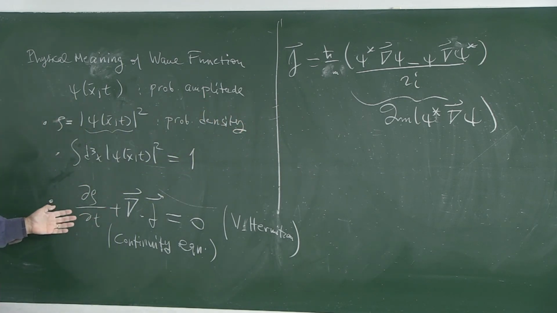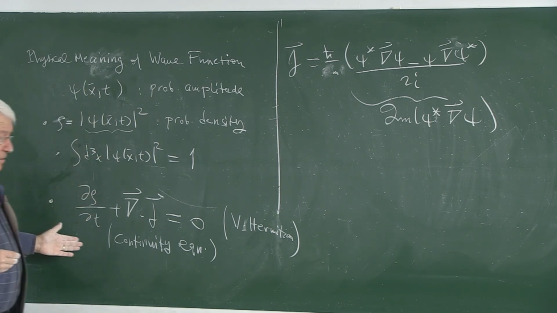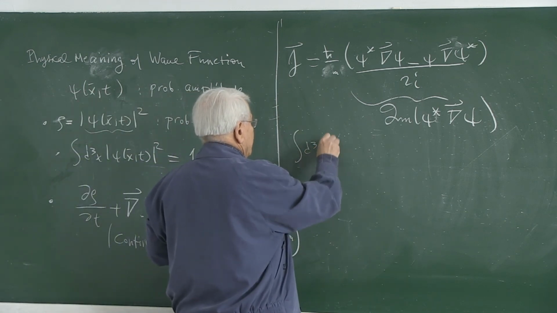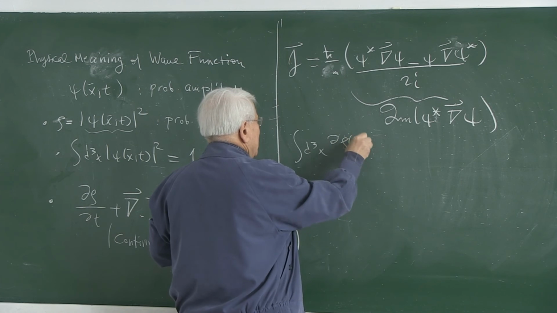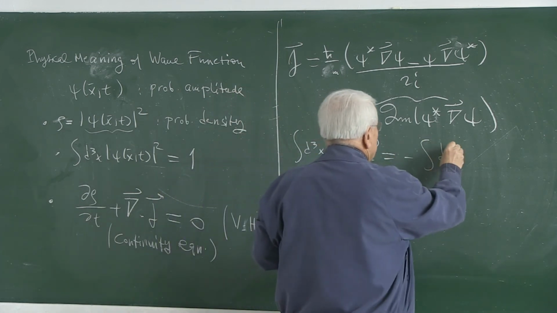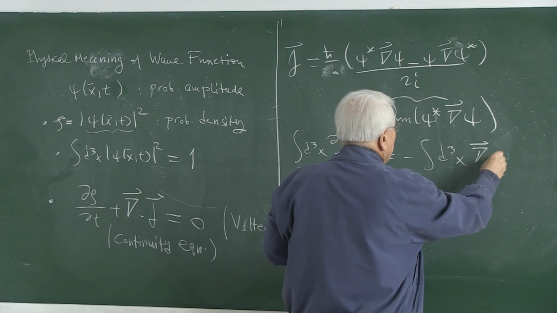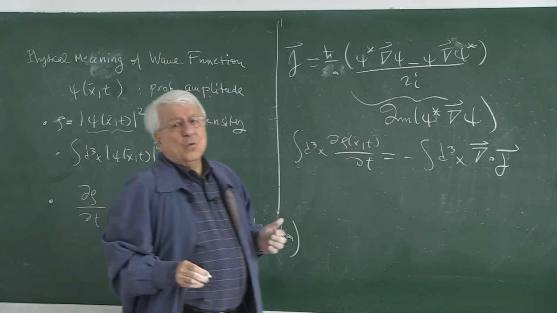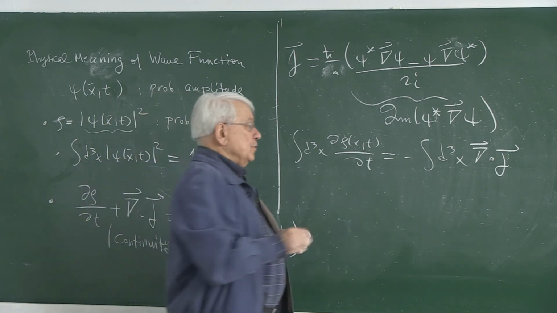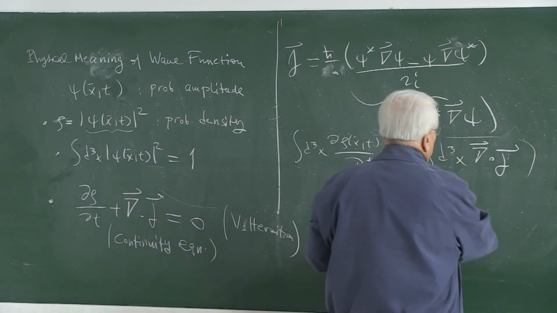What is the immediate consequence of this equation? To close the circle back to what I have listed already, if you integrate this over all space, d cubed x, d rho of x,t by dt is minus the integral of d cubed x, divergence of J. Well, that's the famous Gauss theorem. The volume integral of a divergence can always be converted to a surface integral.